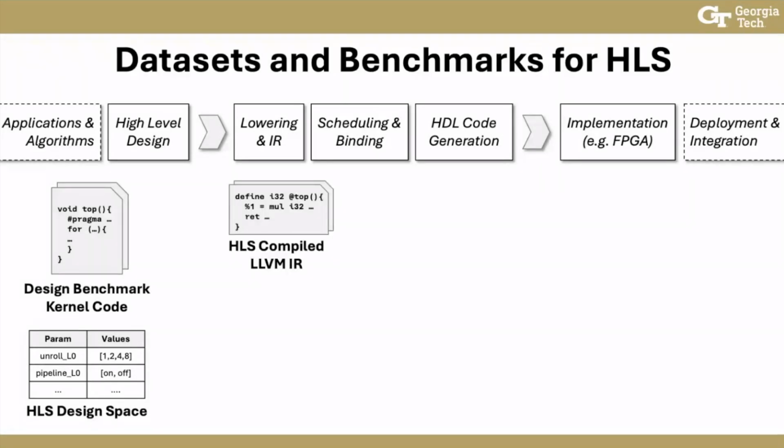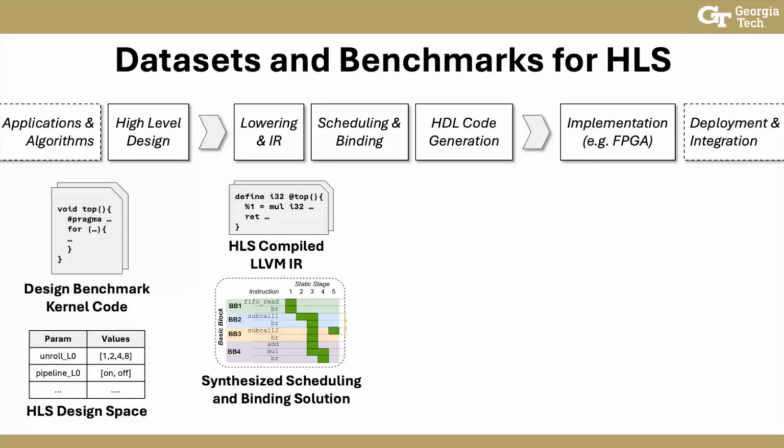Once you pass your design into the HLS compiler, the front end will usually lower your design from the high-level language into some kind of IR. In this case, Vitis HLS uses LLVM IR. Then you get the results from scheduling and binding from synthesis. This is basically what the HLS compiler determines it wants the schedule of the operations to be.